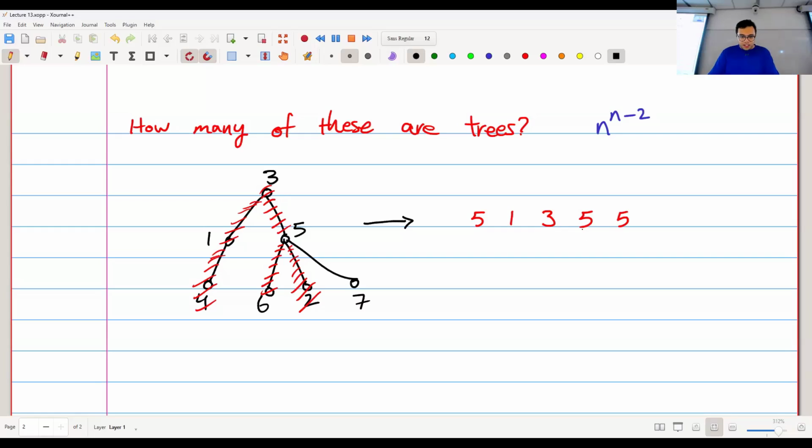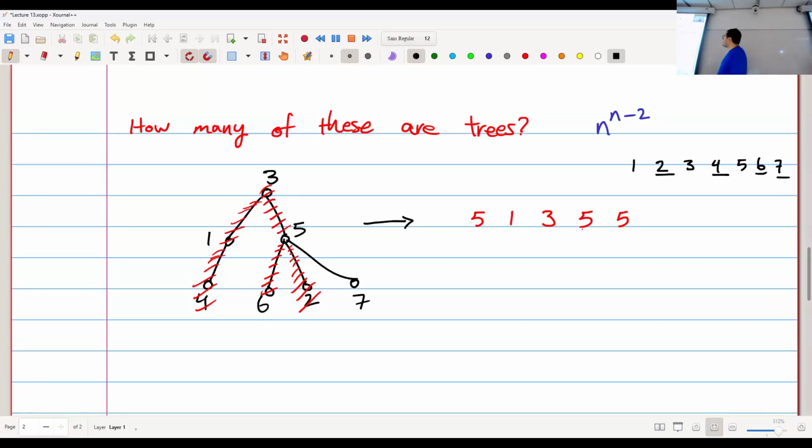So if I know that I have 7 vertices, which I know right now, I can just write all of my vertices, 1, 2, 3, 4, 5, 6, and 7. And initially, I know which vertices are the leaves. Any vertex that doesn't appear here. So 1 appears, 2 doesn't appear, 3 appears, 4 doesn't appear, 5 appears, 6 doesn't appear, and 7 doesn't appear.